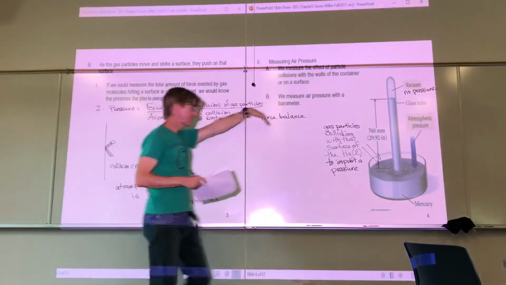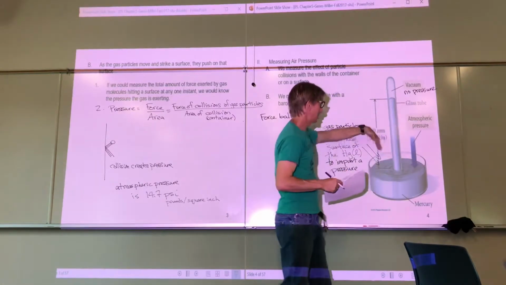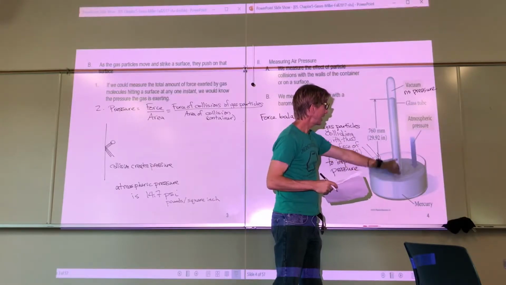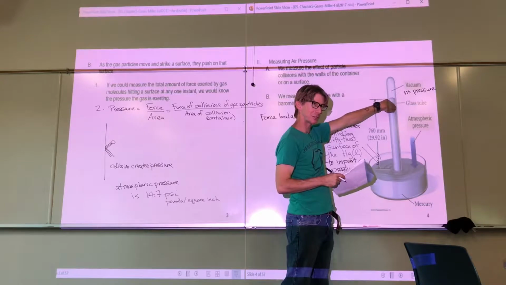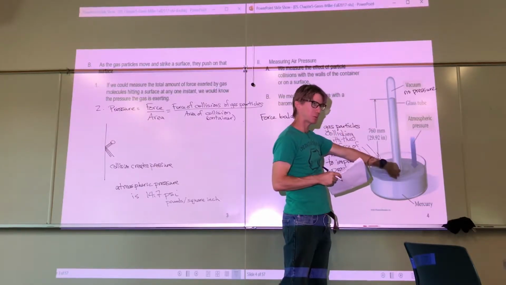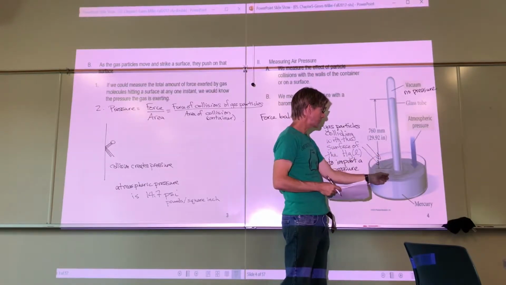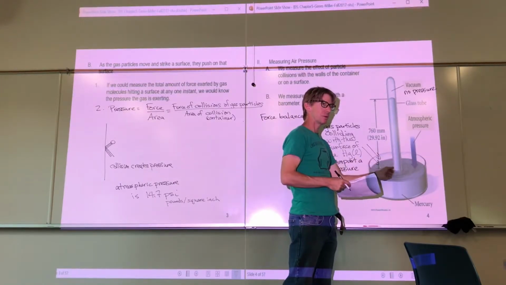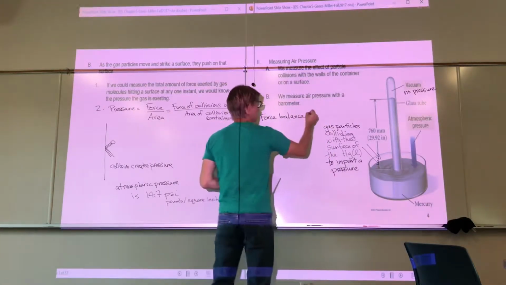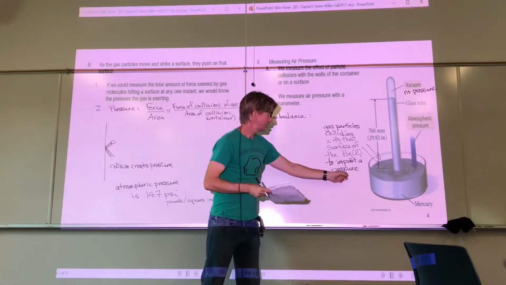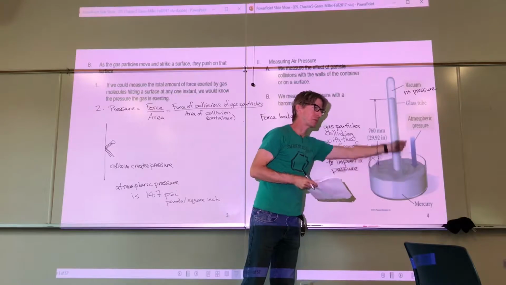There's a pressure pushing the mercury up the tube. There's nothing here to oppose it, so it ends up pushing it up the tube. And then gravity is what pulls it down. So there's a force difference between them. Force balance is really that atmospheric pressure pushes the mercury up the tube.